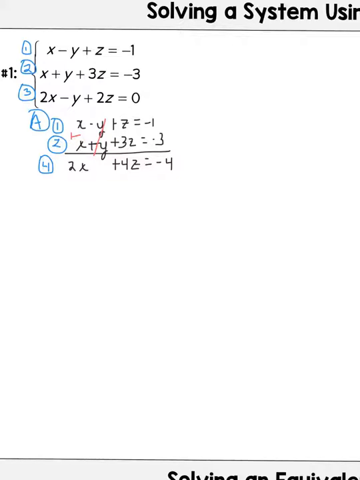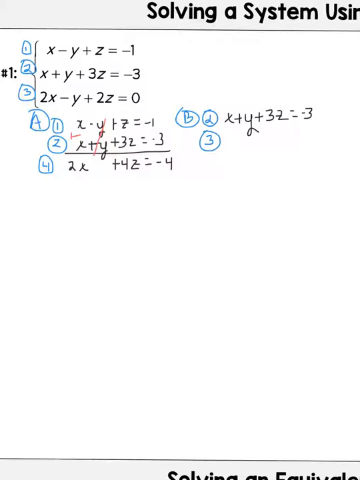So then part B, now you have to pick 2 different equations. So since we chose 1 and 2 before, I'm going to choose 2 and 3. So we're going to use those equations, 2 and 3. And again, I don't have to do anything in order for the y's to cancel. So I've got x plus y plus 3z equals -3.